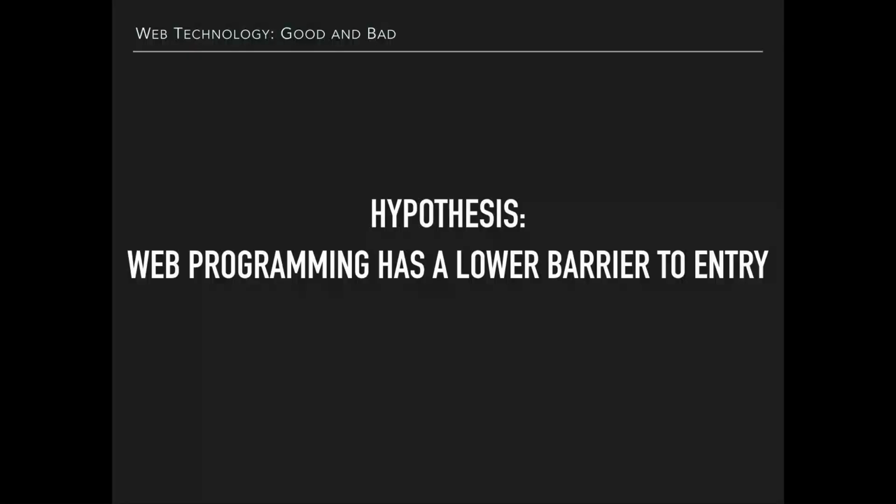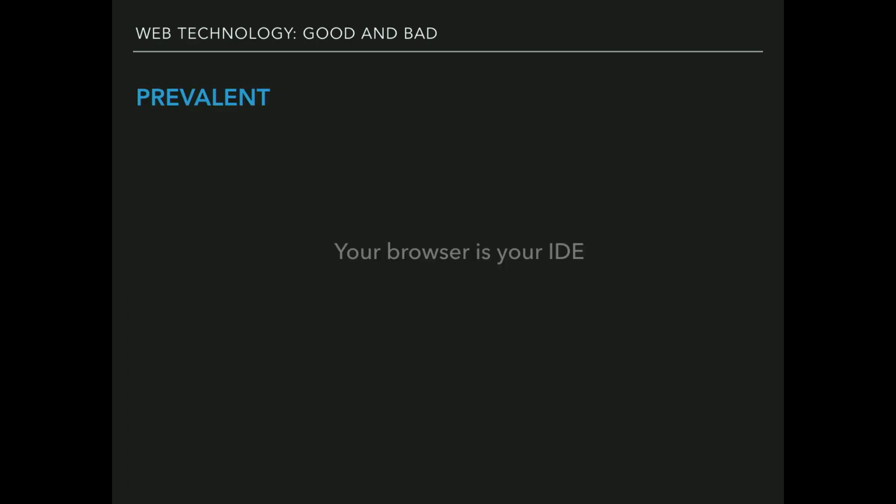Maybe, I think there's a little bit more to that story, and in particular, I have this hypothesis that the barrier to entry for working in web programming is lower than that of C++, right? And that's important for people getting into the industry. So let me break down why I think this is true.